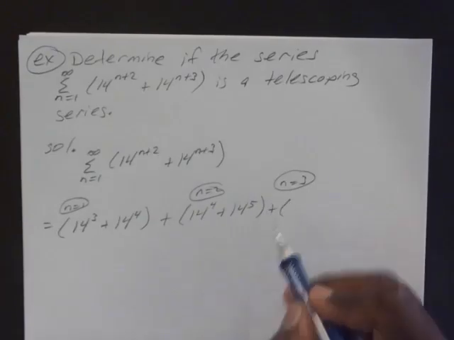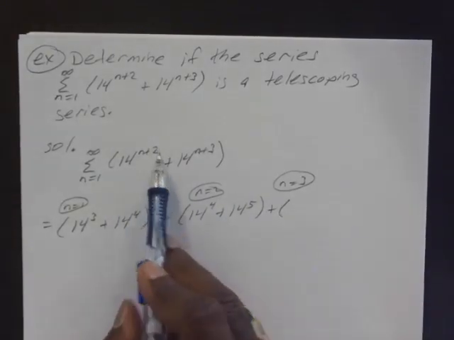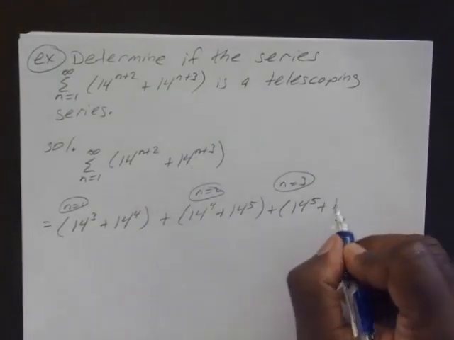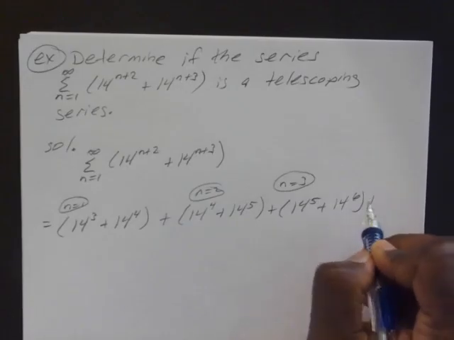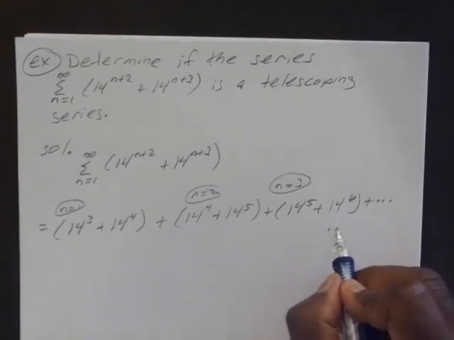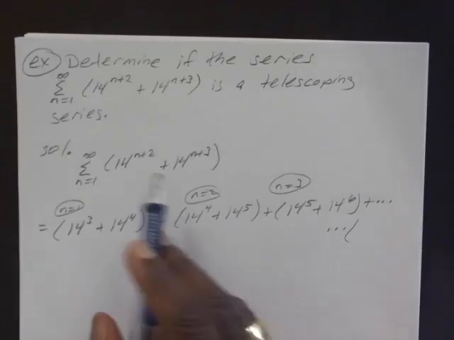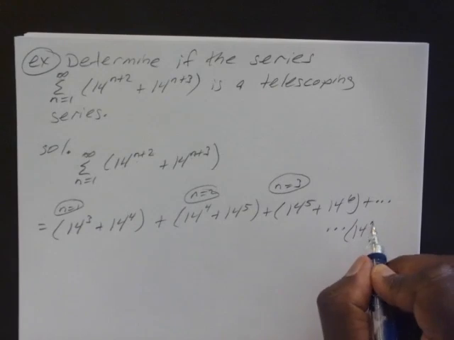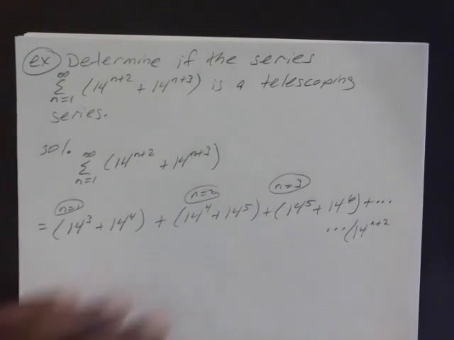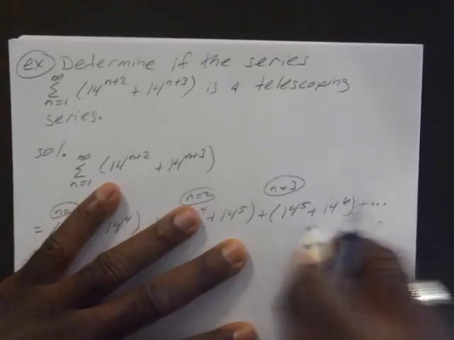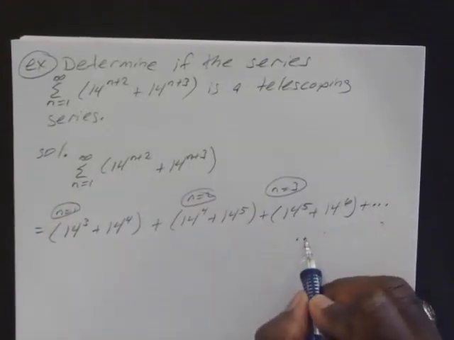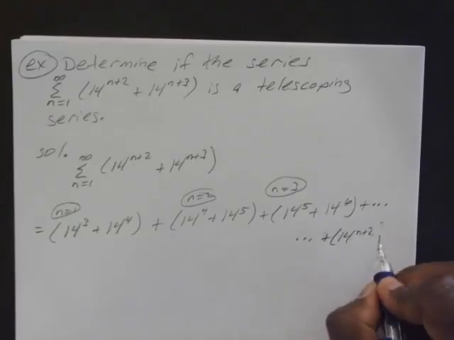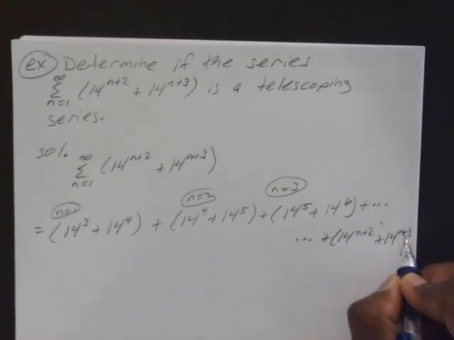We can kind of see here 14 to the 3 plus 2, so we have 14 to the 5th power plus 14 to the 6th power. And it keeps on going until we eventually reach some finite number n. (14 to the n plus 2 plus 14 to the n plus 3).